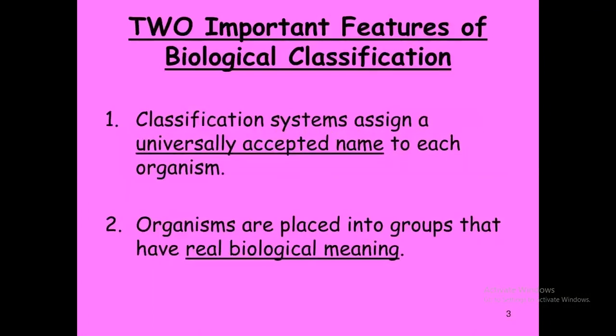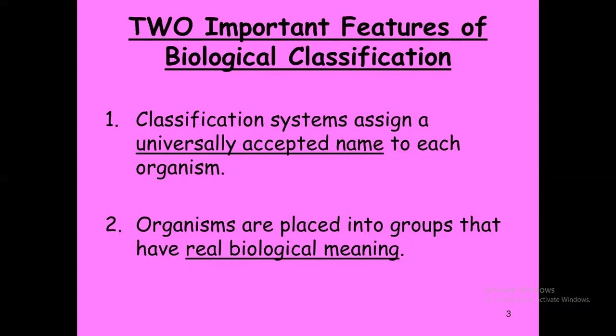While knowing biological classification, we should know the two important features. They are: classification systems assign a universally accepted name to each organism, and organisms are placed into groups that have real biological meaning.